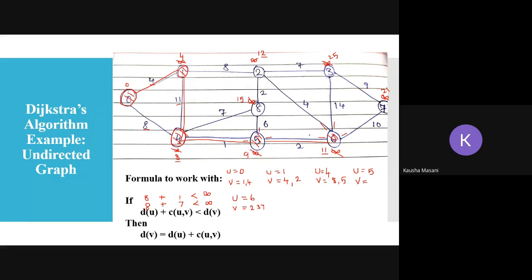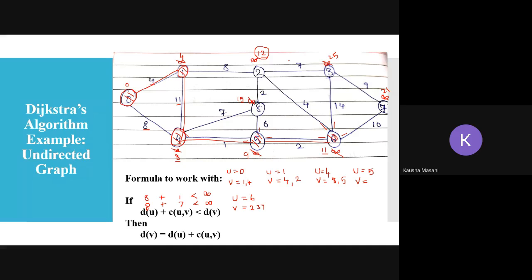Now again you are going to check which one is the shortest distance out of all. The next shortest distance is which? No, it is 21. You have to look for the distance, out of the remaining unexplored vertices, which one has the shortest distance.